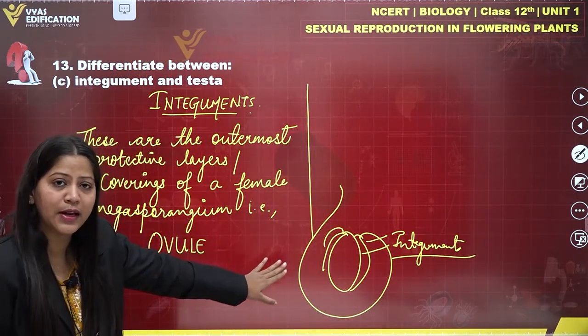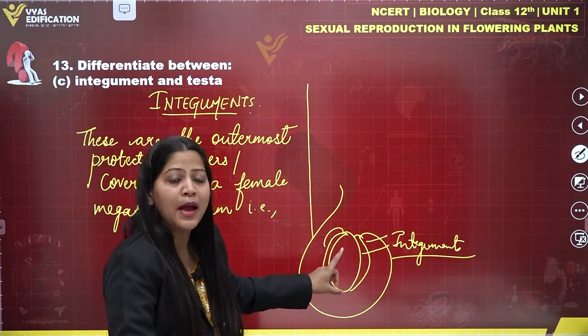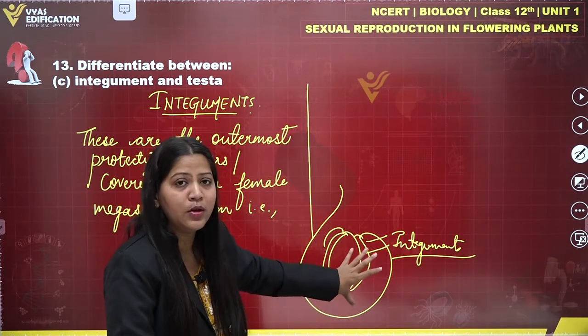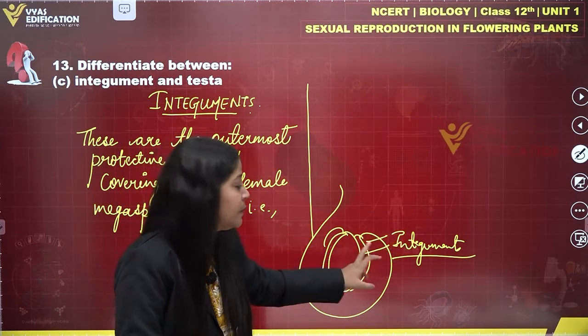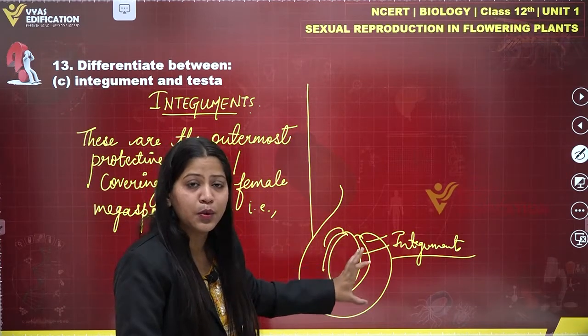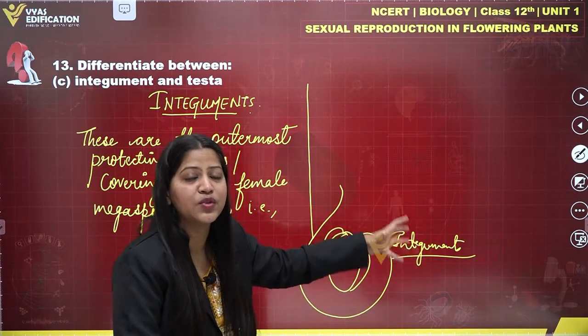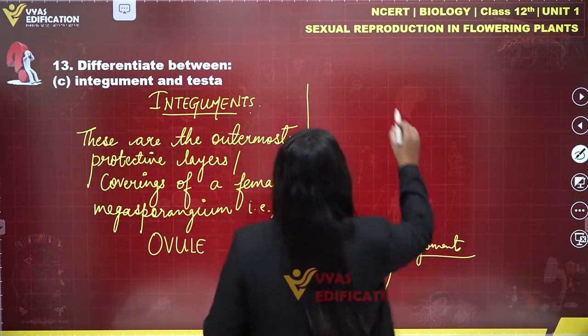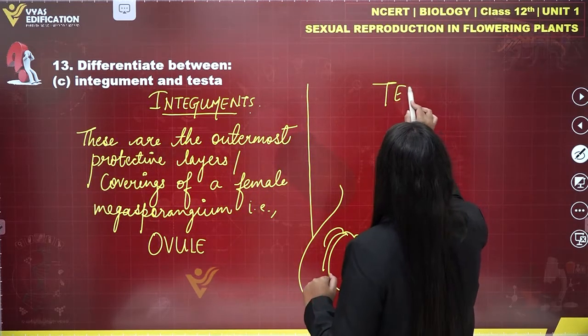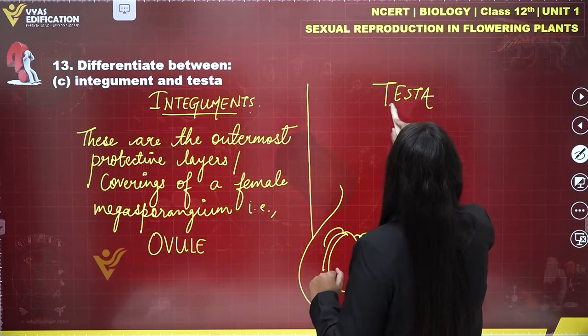These integuments, after fertilization, along with the embryo sac, along with the ovule which is converting into seed, are converting into the seed coat, which is known as testa. Now let's talk about the testa. What is testa?